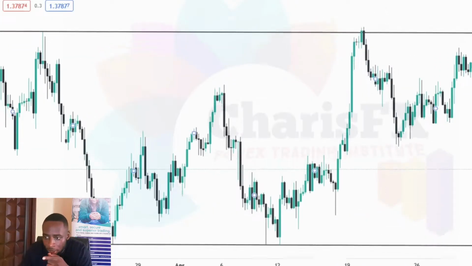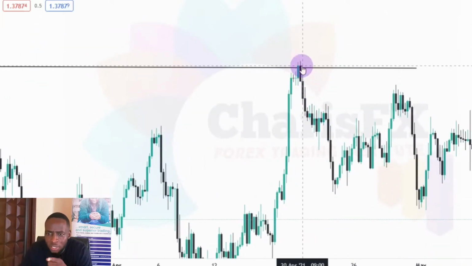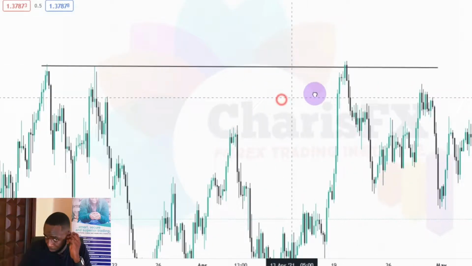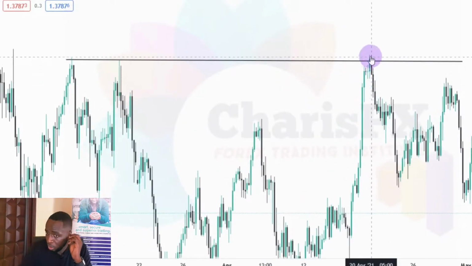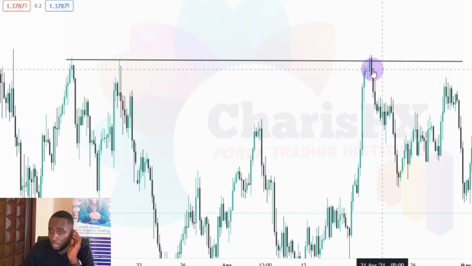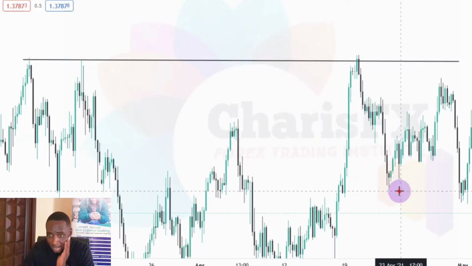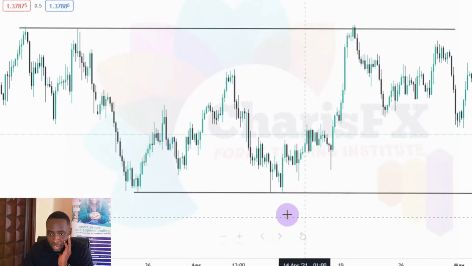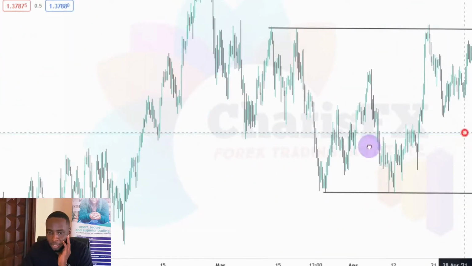Okay, if you take a look at this, the body of the candle closed, but not significantly. It's not even up to 5% of the candle body closed above that high. So that is not a break of structure or a break of resistance. Okay, that's not a break of resistance.